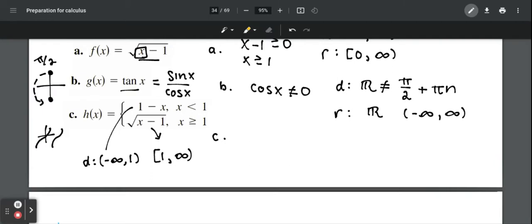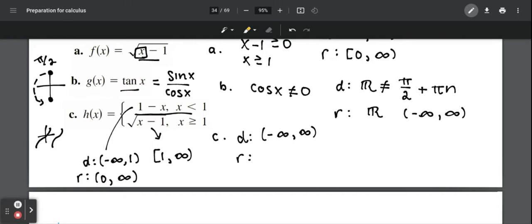If we put those two domains together, your domain here is still all real numbers, but it's your range that could be tricky. If we plug numbers less than 1 into the top part, if we plugged in a 1, we'd get 0. If we plugged in a 0, we would get 1. A negative 1, we would get 2, and so on. So this range would go from 0 to infinity.